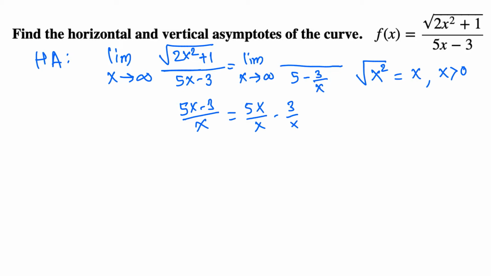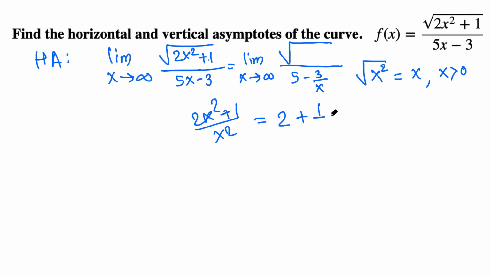Now we need to do the same thing on the top. Inside the radical sign, x is the same as root x squared. So I'm going to divide by root x squared inside. This will be the square root of (2x squared plus 1) over x squared, and we can separate into two fractions: 2x squared over x squared, just 2, plus 1 over x squared.